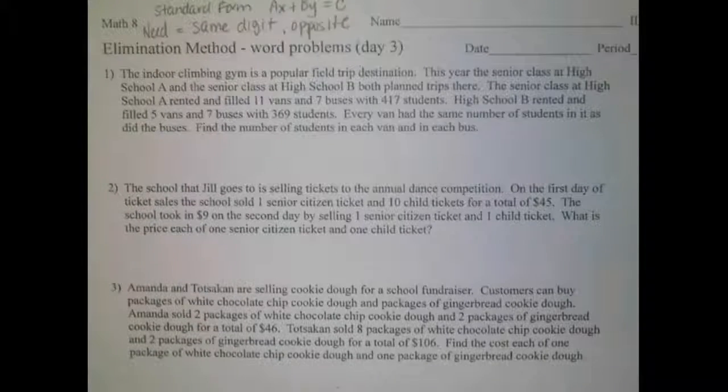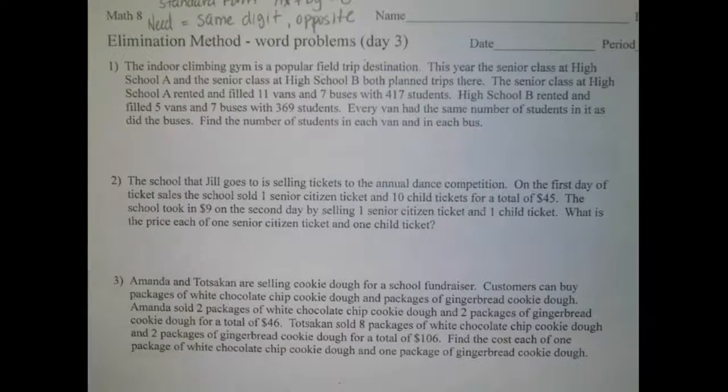It says the indoor climbing gym is a popular field trip destination. This year, the senior class at high school A and the senior class at high school B both planned trips there. The senior class at high school A rented and filled 11 vans and 7 buses, with 417 students.